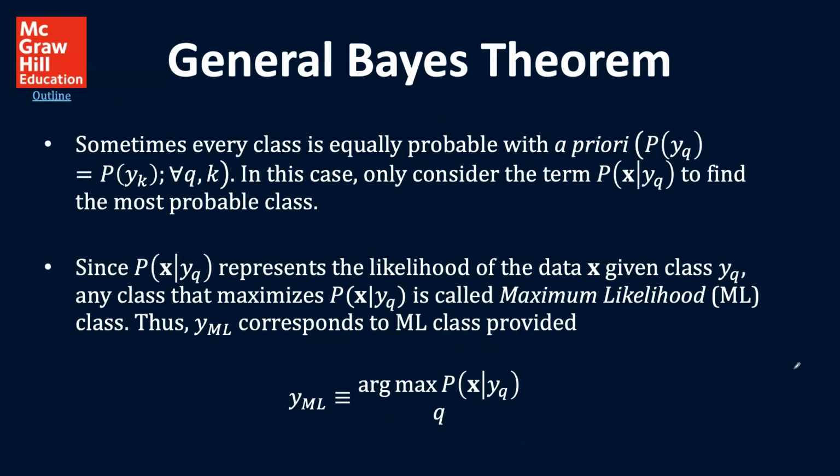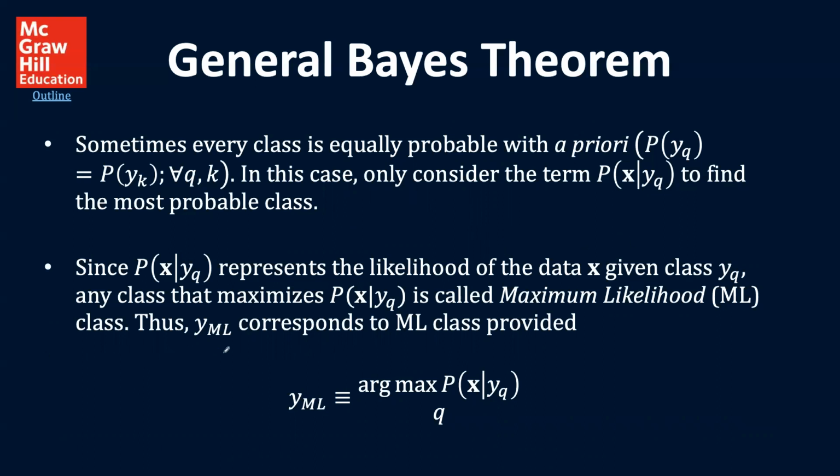Sometimes every class is equally probable a priori. In this case, we only consider the term P of x given yq to find the most probable class k. Since P of x given yq represents the likelihood of the data x given class yq, the class that maximizes P of x given yq is called the maximum likelihood, or ML class.